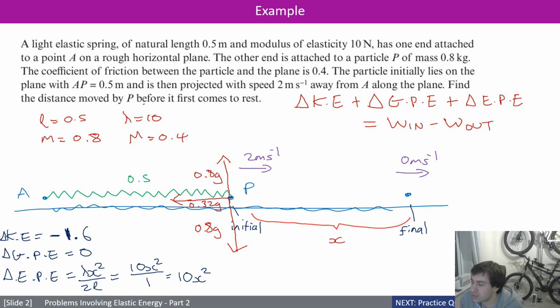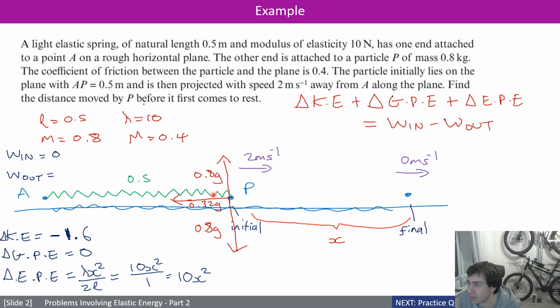No energy has been added to the system, so W in is 0. I'm just going to write that here. And then W out, so energy lost from the system, is caused by that friction. So the object, this P on the spring, is working against that friction in some sense.